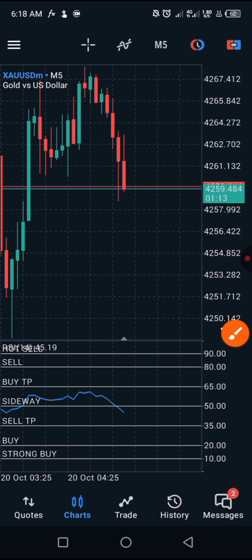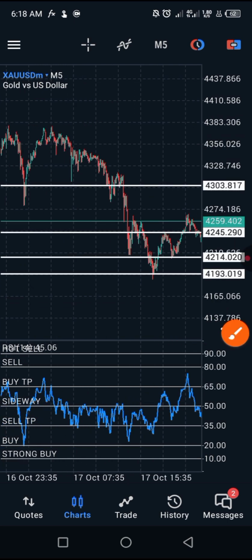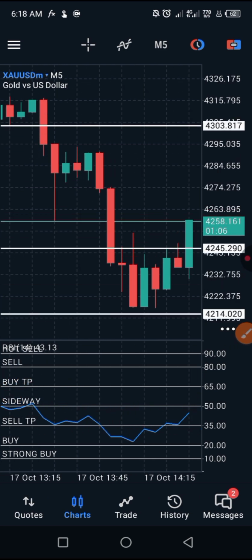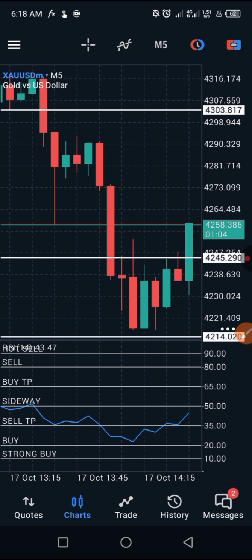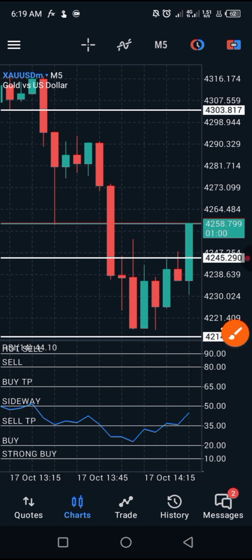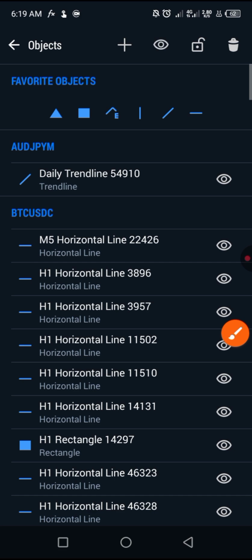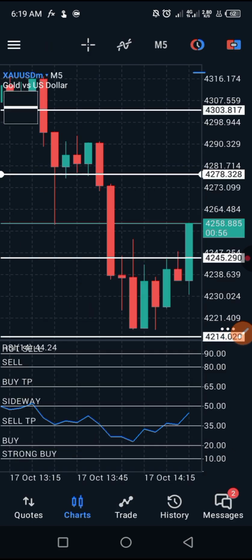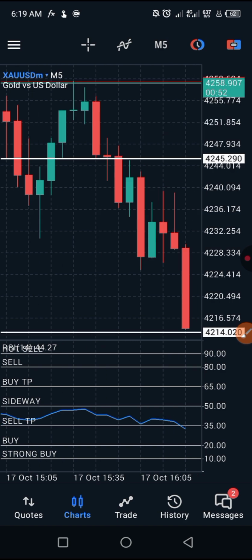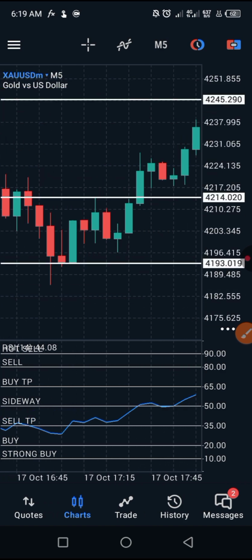Let's check for a morning star or evening star or bearish engulfing. Awesome. So this is a bearish engulfing on the 5-minute time frame. I'm going to place a horizontal line there. So 42.77 is another resistance line.